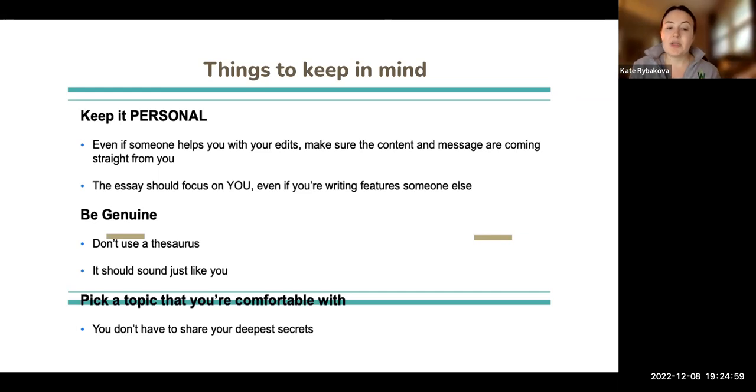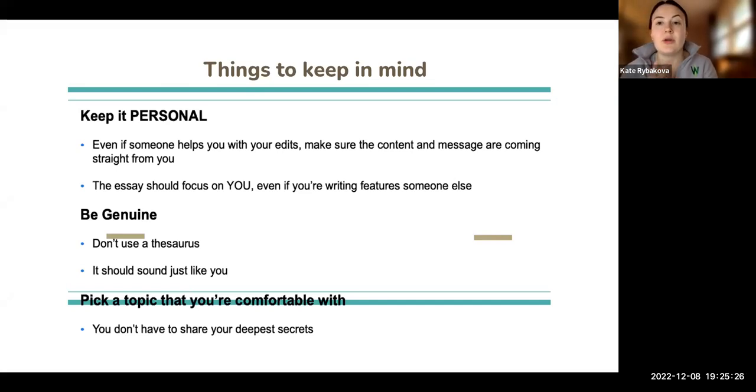And then pick a topic that you're comfortable with, which I talked about a ton here, but just to reiterate again, definitely pick a topic that you are comfortable with, that is something that you have expertise on, right? And then you don't have to share your deepest secrets. I know a lot of people think that if I shock them with something that happened to me, that's going to play in my favor, which it can.